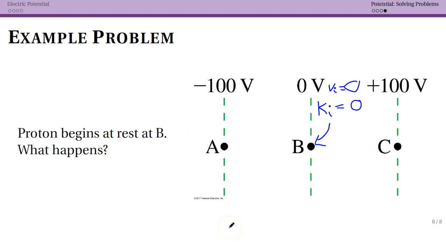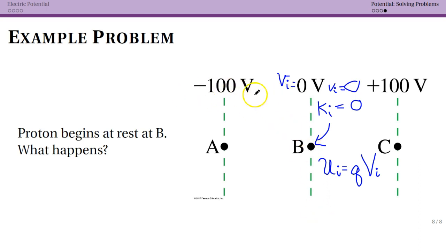Well, you have to be a little bit careful in these problems, and that's why I picked this. If you just say, well, my potential energy is going to equal my charge, in this case of a proton, times my initial potential, and I see that my initial potential is equal to 0, then if you say it just stays here, nothing happens, that's not actually right. We discussed in a previous video the idea that potential energy can be negative, and that's the same case here.